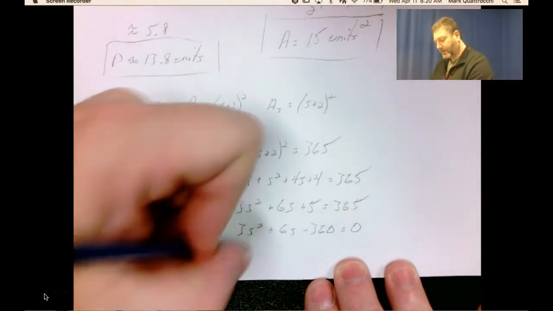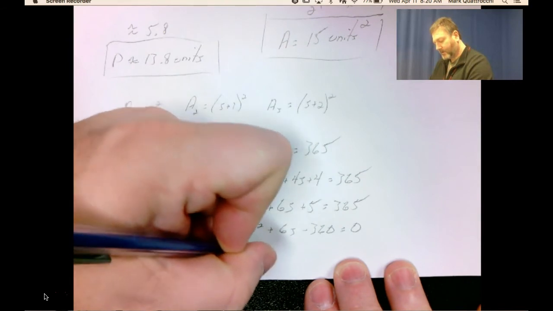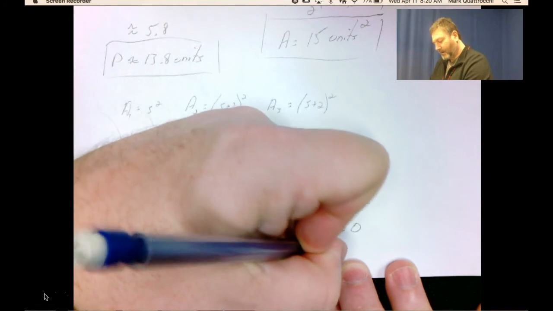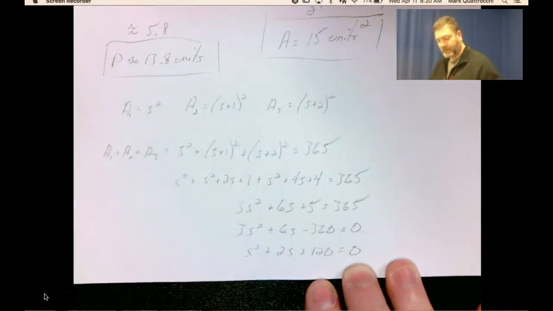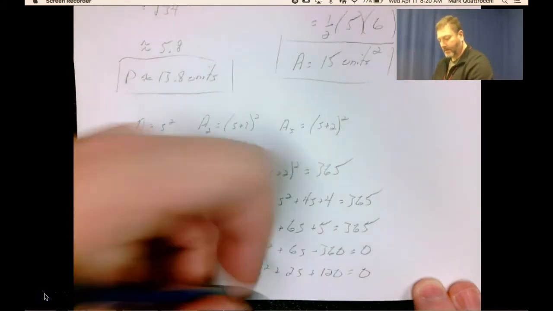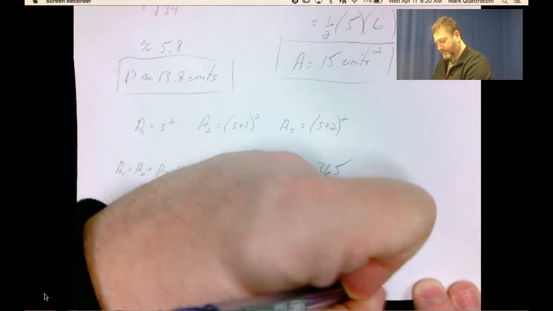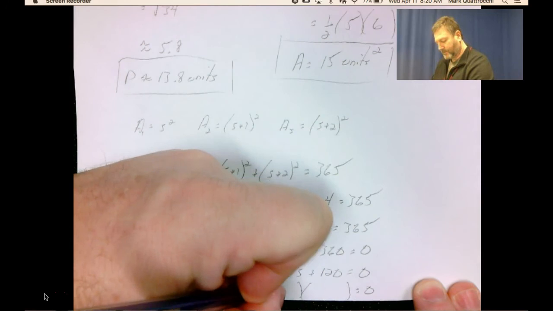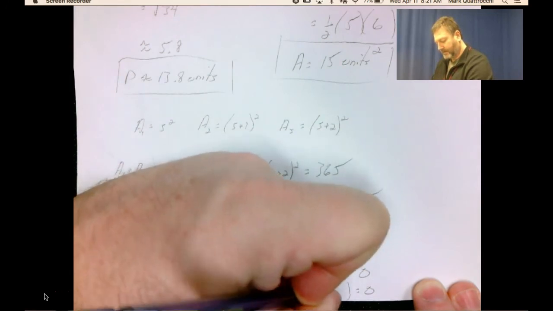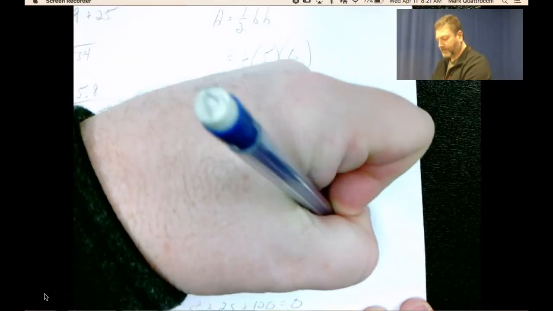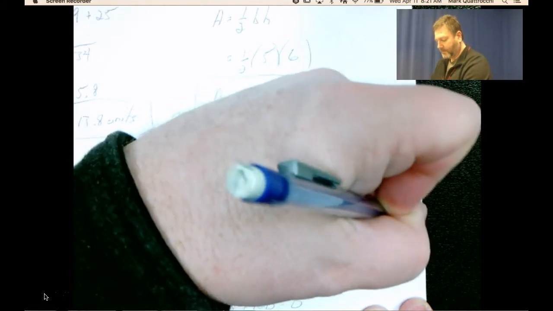Everything divides by 3. s squared plus 2s minus 120 equals 0. This factors: s plus 12, s minus 10, which gives me two algebraic solutions, s equals negative 12 or positive 10.